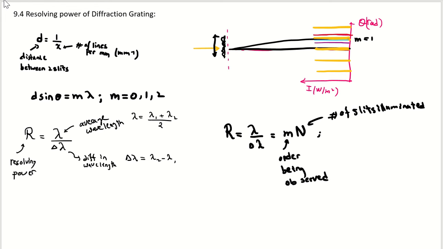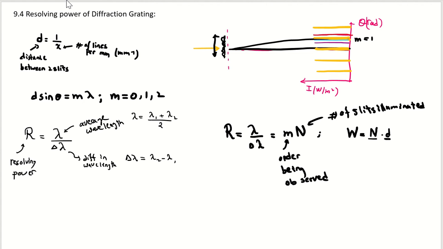The width of light falling on the grating is equal to the number of slits times the width of one slit, that is, the size or separation between two slits.